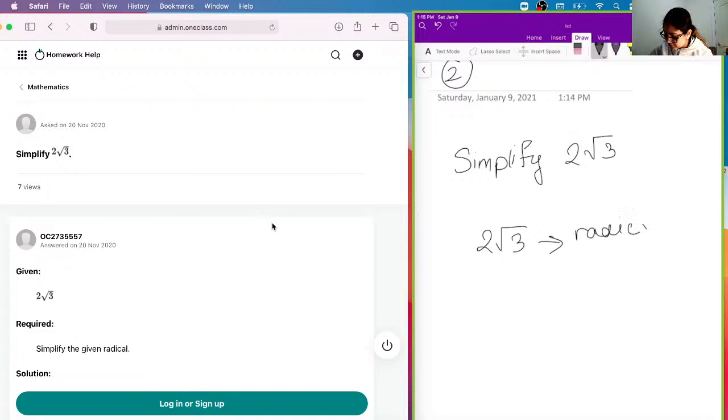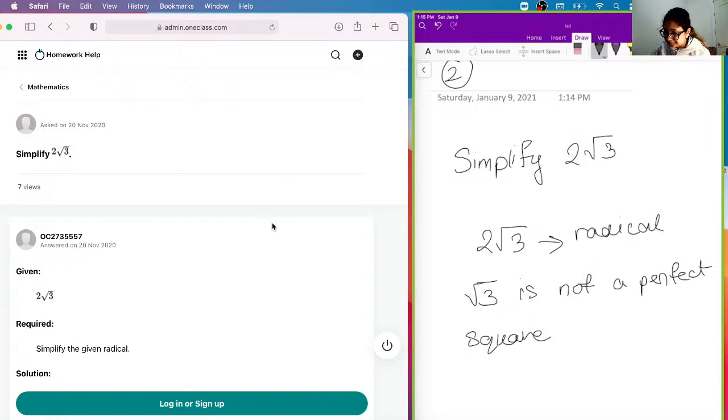And we know what radicals are. They are basically something that has a root. Since 3 is not a perfect square, root 3 is not a perfect square. And so what we mean by that is that you can't really simplify the 3 under the root.